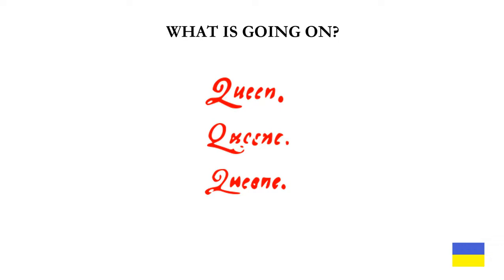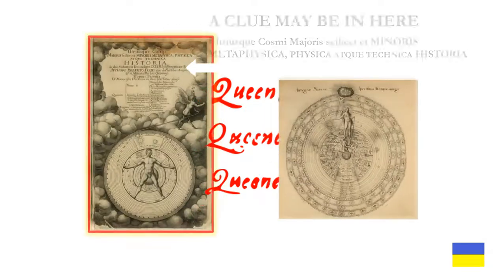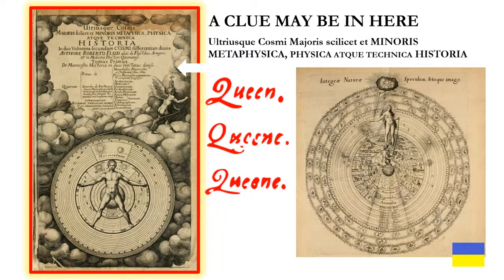This puzzled me for quite a while until I discovered this book by Robert Flood. I won't read the Latin out, but it's simply a cosmology in which he compiles all sorts of information culled from different sources and sometimes putting his own spin on it.